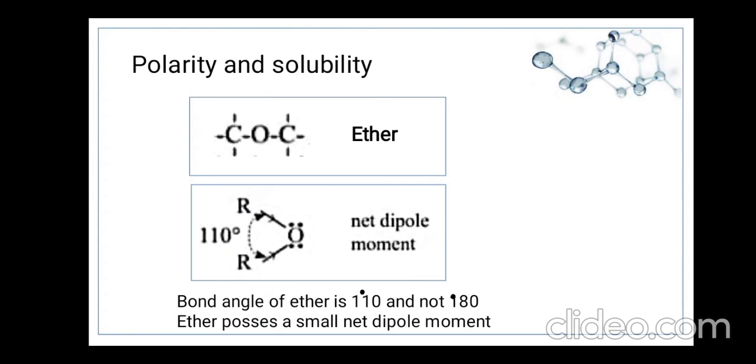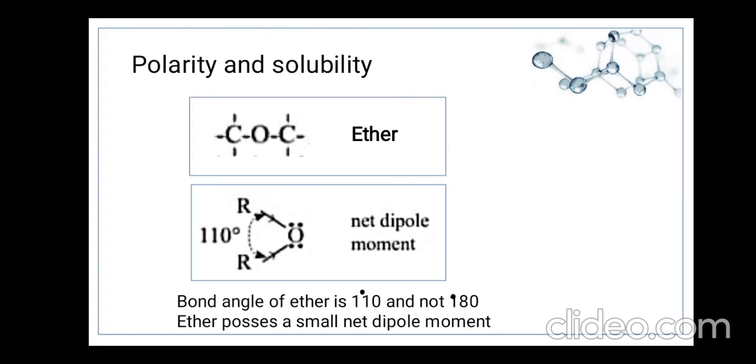Now the next is polarity and solubility. Now the group which is present over here, C-O-C, is called the ether group. Now in this, we can see the net dipole moment over here. The bond angle of ether is 110 degrees and it is not 180 degrees.